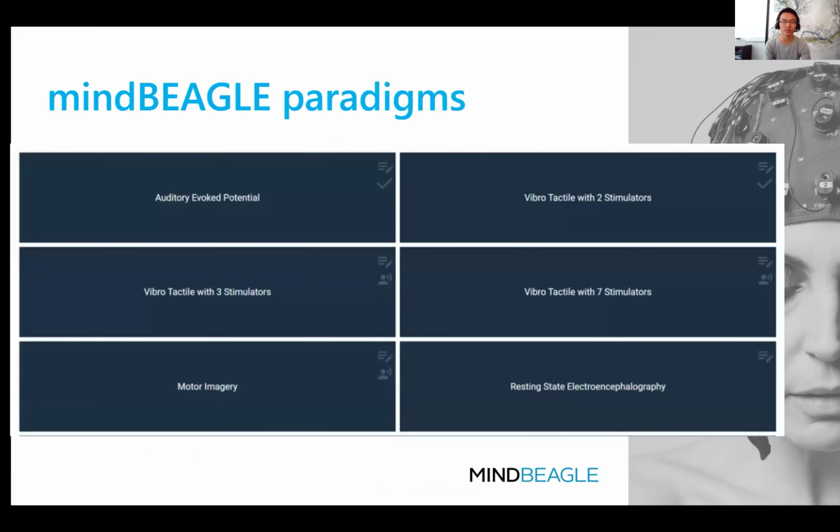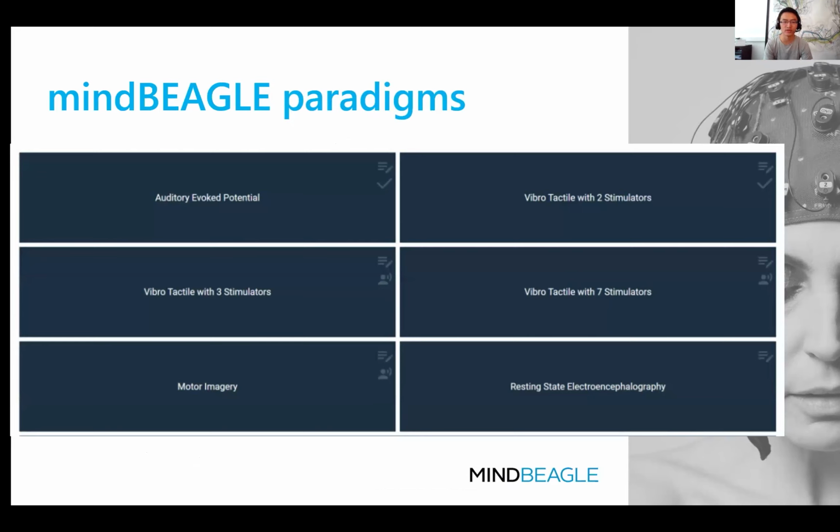And so far, we have implemented 6 paradigms in the mindBEAGLE: the auditory evoked potential, the AEP paradigm, and the vibrotactile paradigms with 2 stimulators, 3 stimulators, and 7 stimulators, that are the VT2, VT3, and VT7. We also have the motor imagery and the resting state.